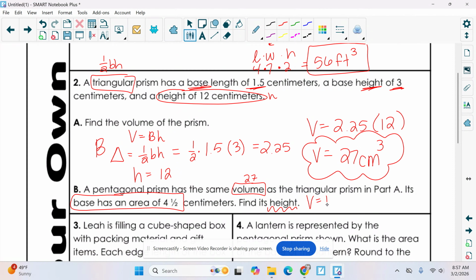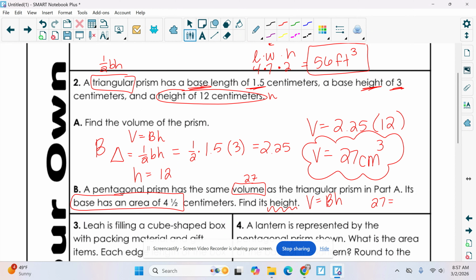So if I'm talking about volume, I'm thinking about this formula, right? What do we know? Volume, so we can substitute the V with 27. What else do we know? The base is 4.5. What are we missing?